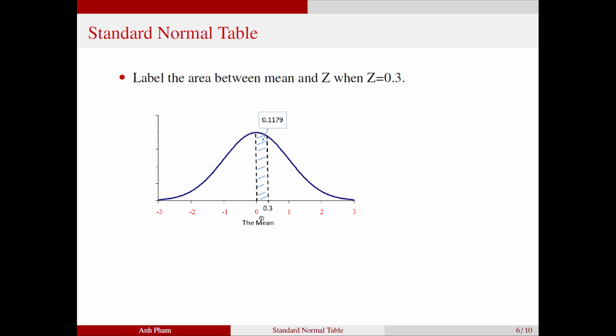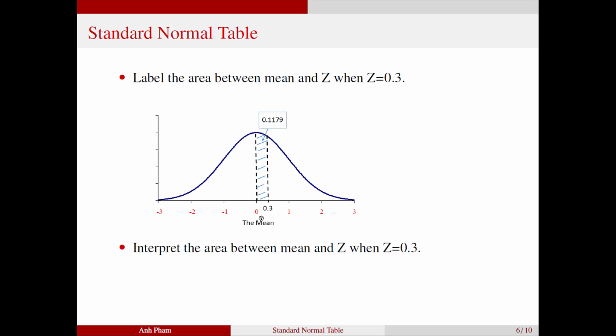The area between mean and z is the shaded area here. If you look into the z table with z equal to 0.3, and look over the column for the area between mean and z, you will find 0.1179.